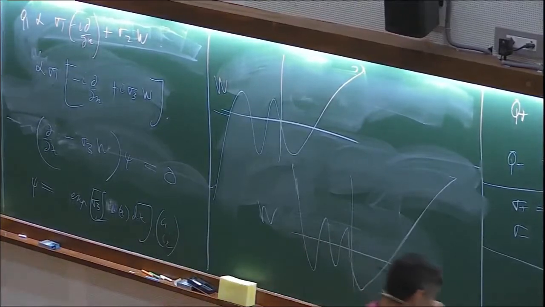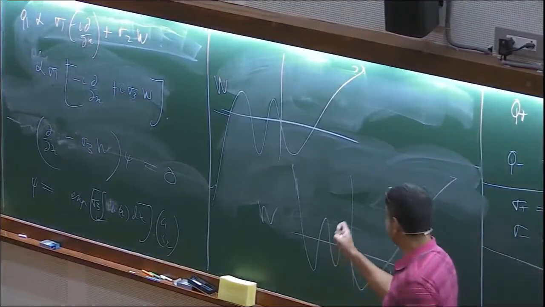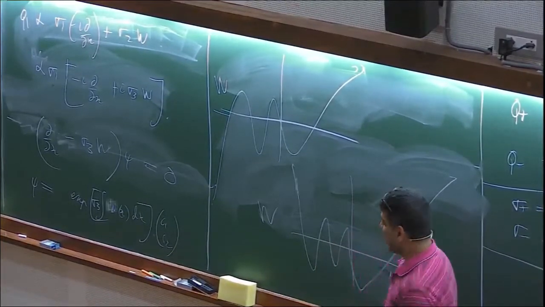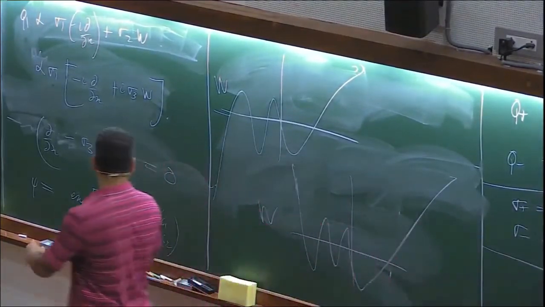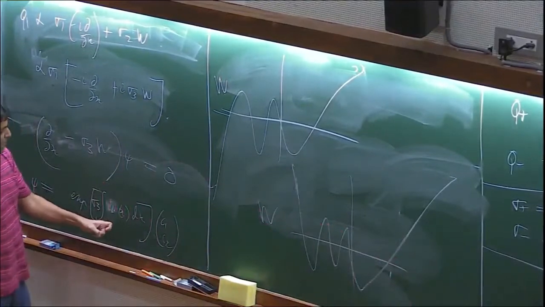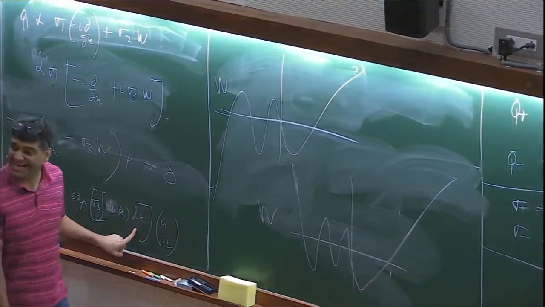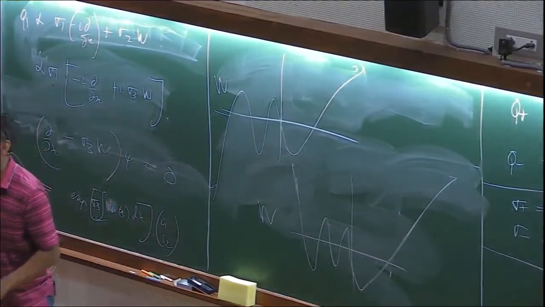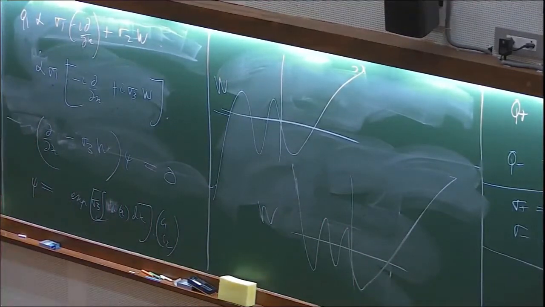Okay. Now let's see. Suppose we had W doing this. Then this integral would be of opposite signs at plus and minus infinity. Can you see that? Suppose you had just some function that was positive everywhere. If you go to plus infinity, that integral is positive, but if you go to minus infinity, that integral is negative.